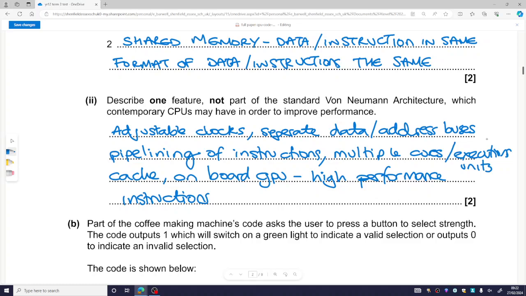Some of you did say things like this. Not that one. Oh, I can't undo on this. It's so stupid. Why has it not got undo? Remember that group of instructions. Single instruction, multiple data. So things like matrix operations.